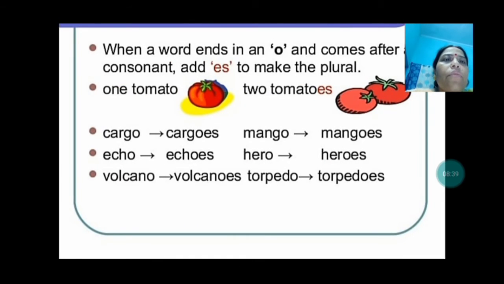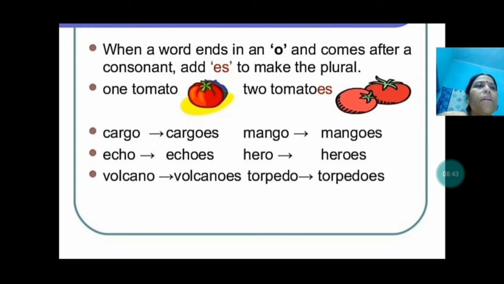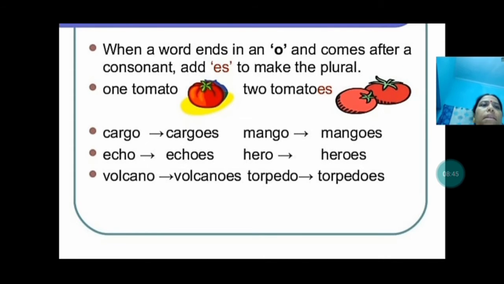Now, when a word ends in an O and comes after a consonant, add ES to make the plural. So what we see? There are words which have ended with O, and we have a consonant before that. Then what we will do? We will add ES. Like one tomato, two tomatoes.